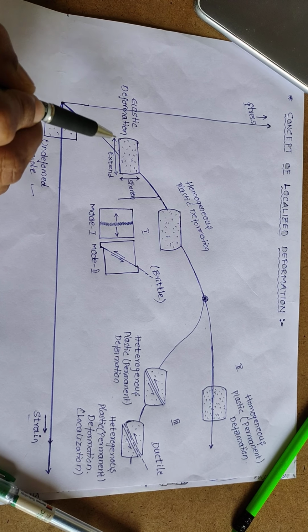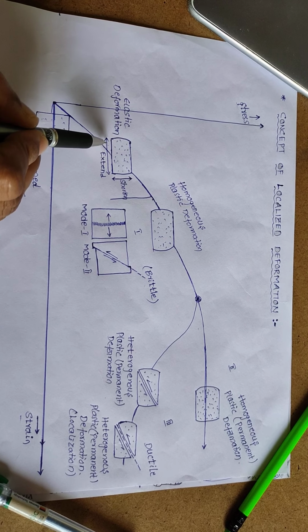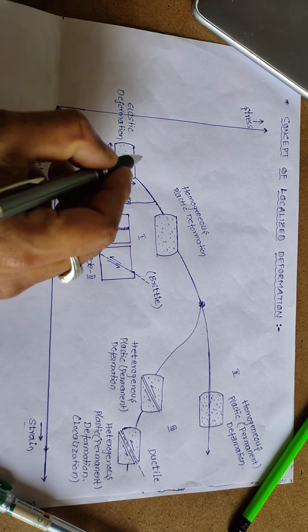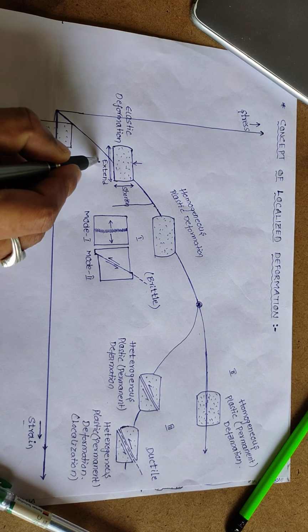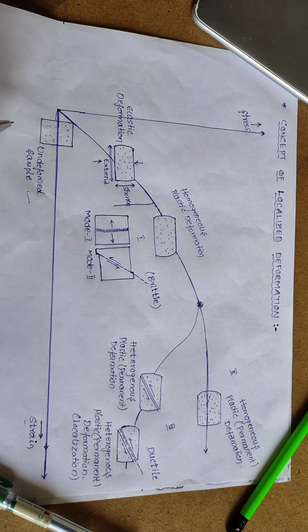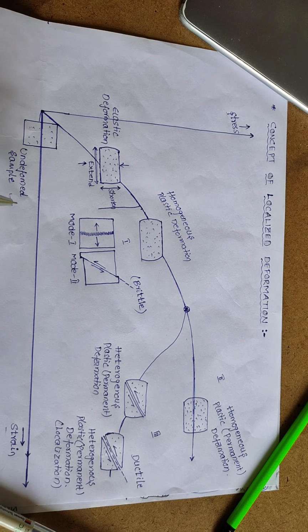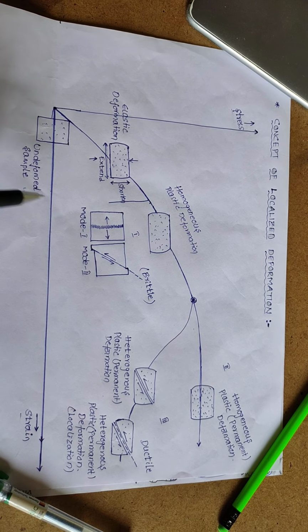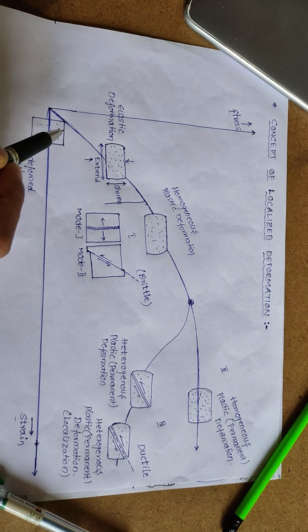In the elastic deformation it shortens a little in this direction and extends in this direction when the compressional forces are applied. It continues deforming following this dark curve, which is the elastic curve.